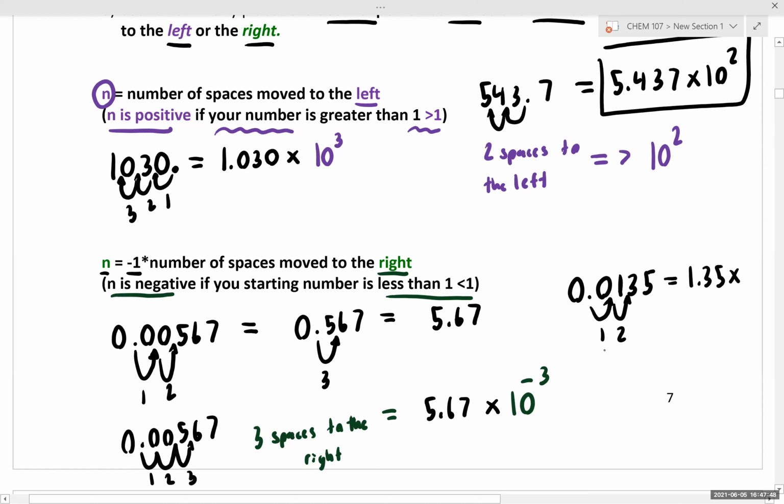Now, since we moved our decimal point 2 spaces to the right, we'd write our power of 10 as 10 to the -2nd. Very large numbers have positive powers of 10 when written in scientific notation. Very small numbers have negative powers of 10 when written in scientific notation.